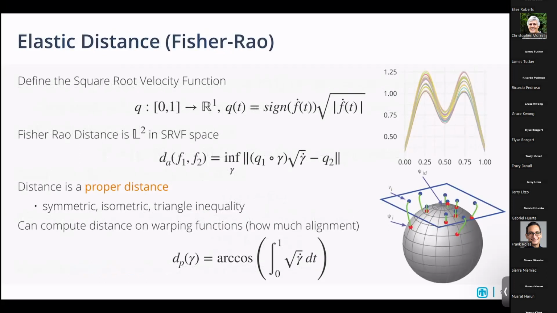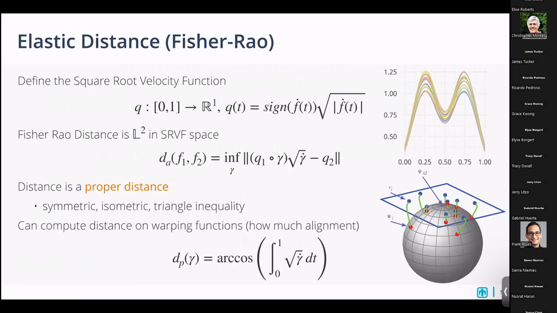The solution to this problem is the Fisher-Rao metric, the famous metric originally developed by Rao to measure the differences between probability density functions. We can use it here in the functional space as well. The problem is that if we do it directly on f, you can only compute the integral numerically.